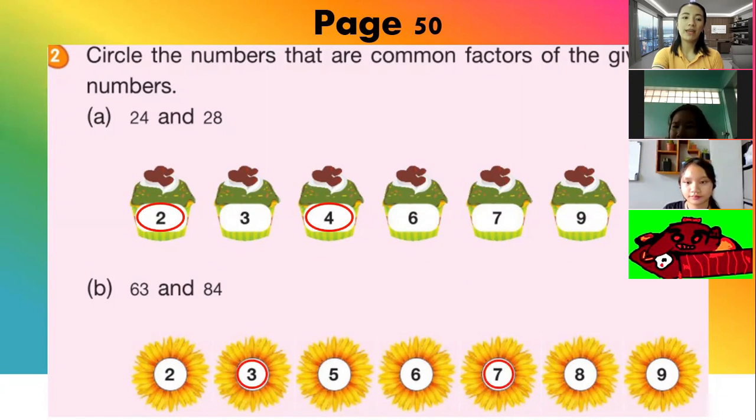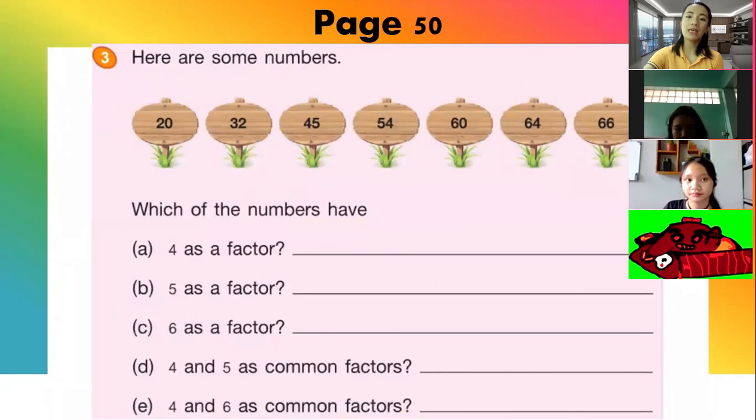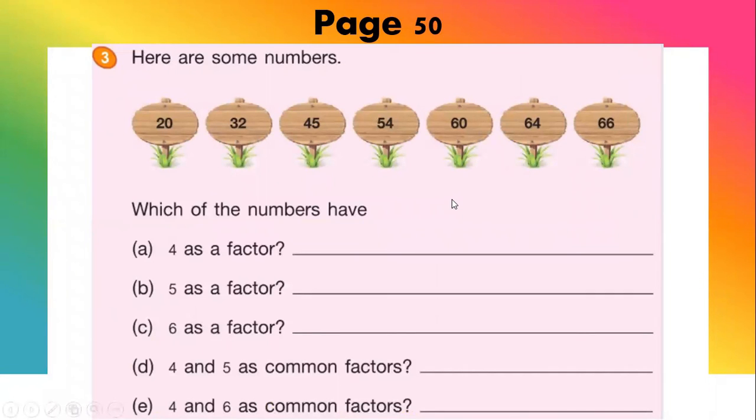Very good. Next, let's move on to number 3. Here are some numbers: 20, 32, 45, 54, 60, 64, and 66. Which of the numbers have 4 as a factor? 20, 32, 60, and 64.